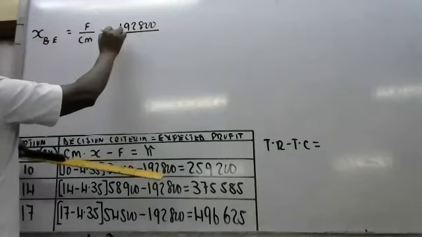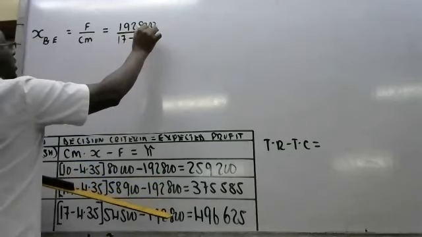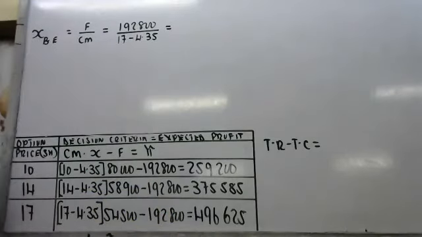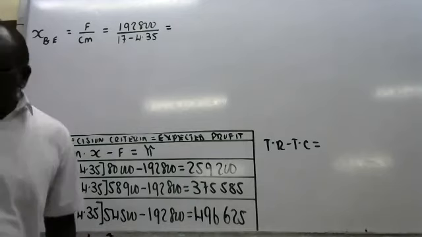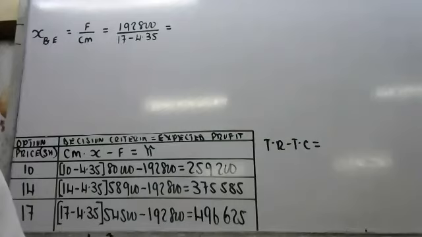Contribution margin at the price that we have recommended is 17 minus 4.35. So you have the answer.